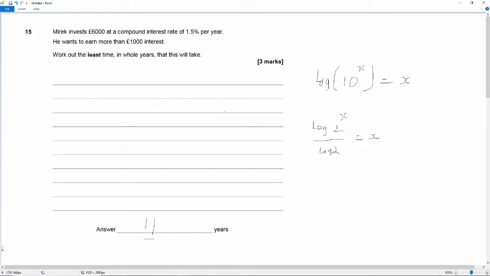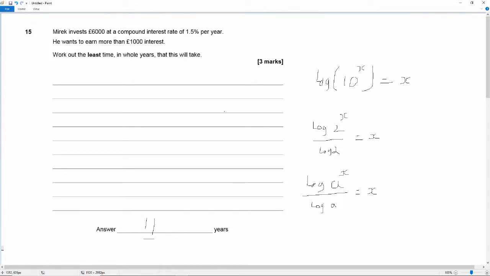In fact, if you take any number a to the power x and you take the log of a to the power x and divide it by the log of a, where a is the base that you raise the power to, it'll give you back your x.